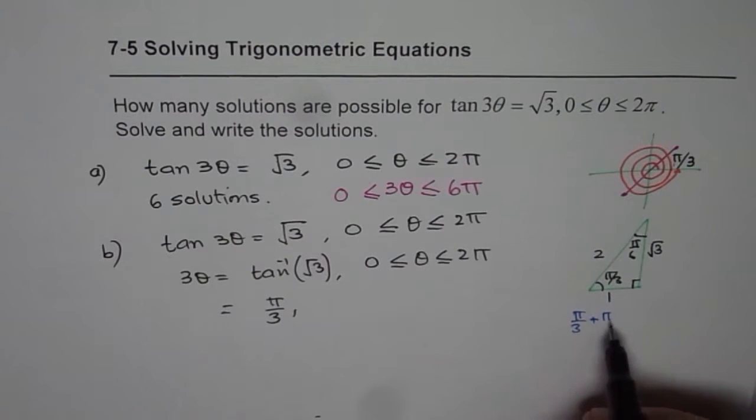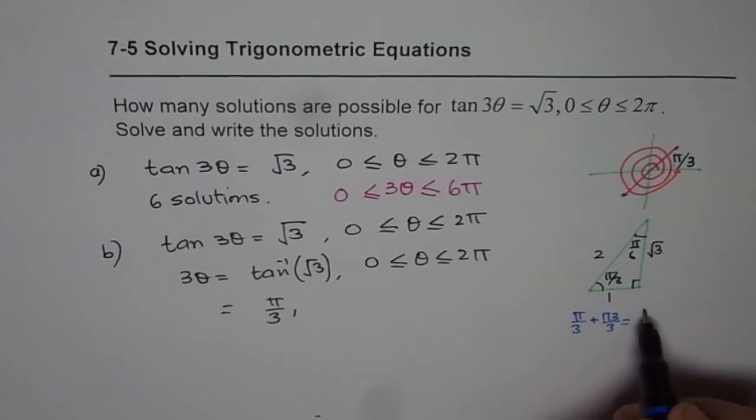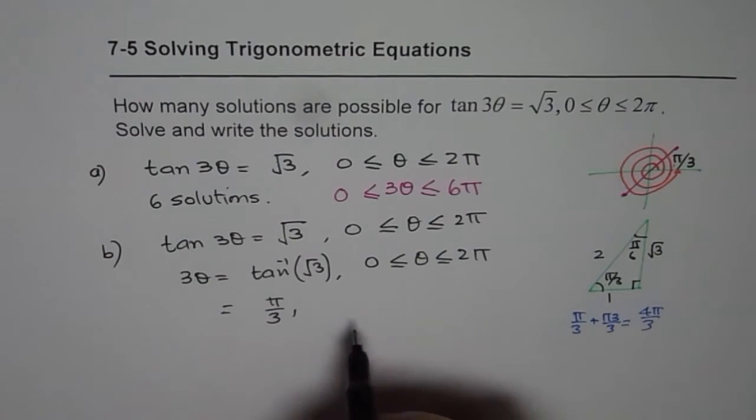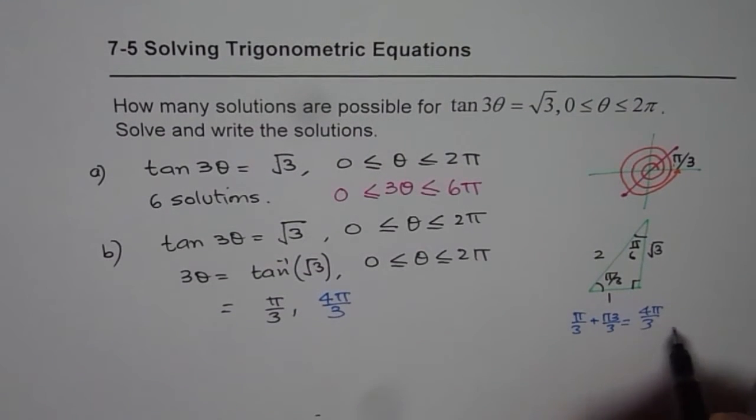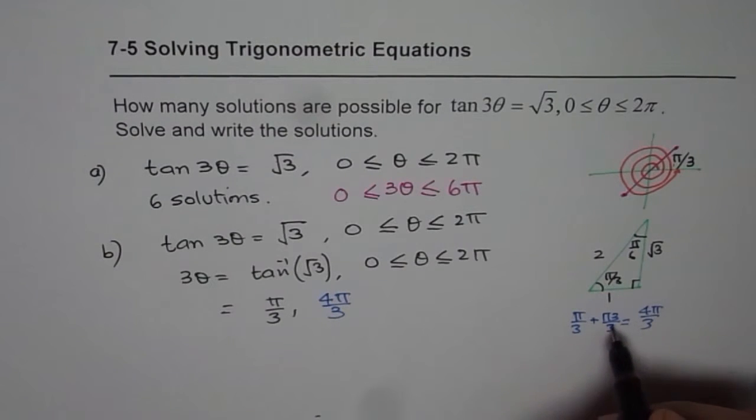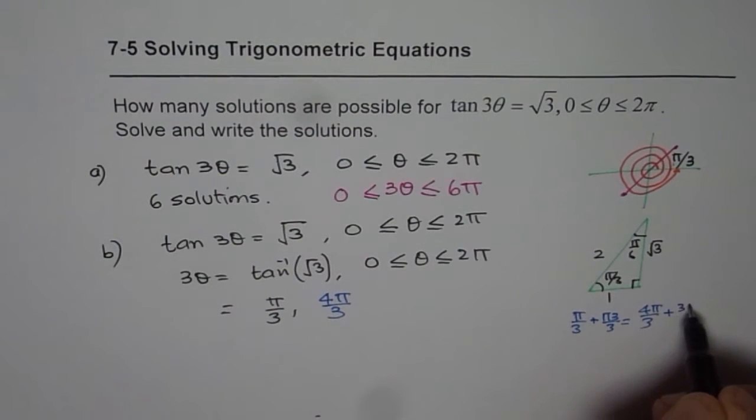So when I write plus pi, I have to multiply by 3, divide by 3, correct? So let me write 3 pi by 3 to keep on adding. When you add this, 3 plus 1 is 4, so we get 4 pi by 3. So the next one is 4 pi by 3. And then again, I have to add pi, that means again I add 3 pi by 3.